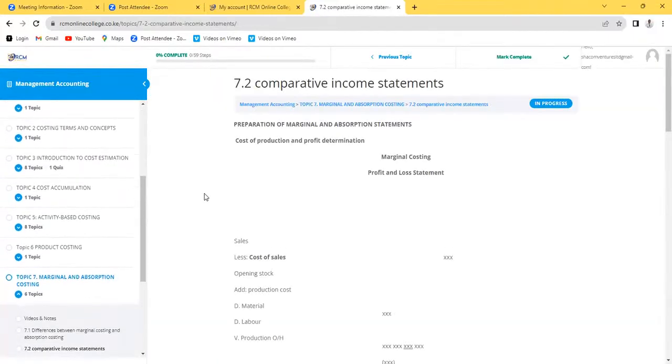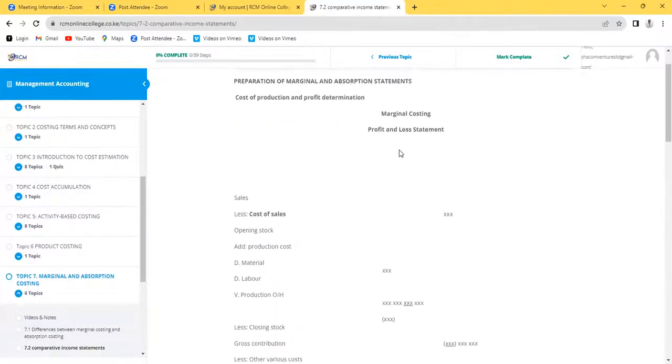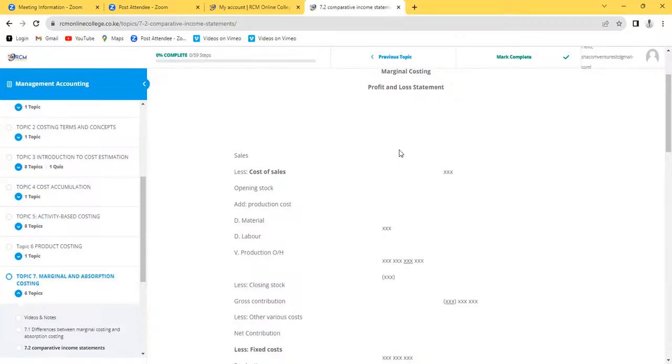Comparative income statements. Under marginal, this is what we are going to have. You need to have sales. Then you less the cost of sales, where we have opening stock, add production cost, where the production cost consists of material, direct labor, and variable production overhead.